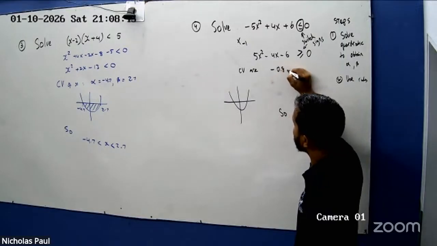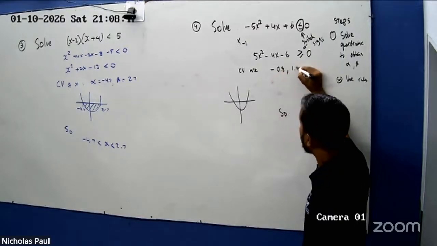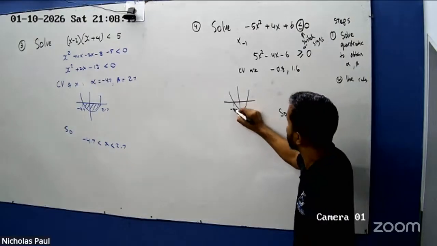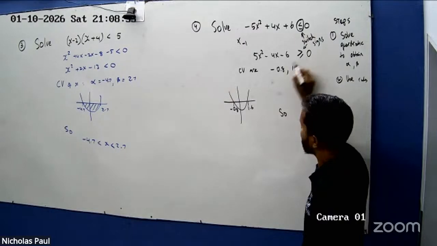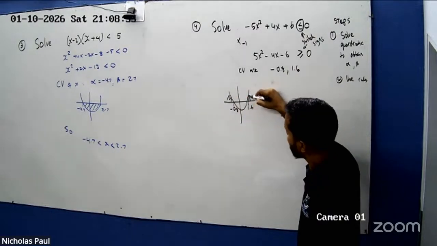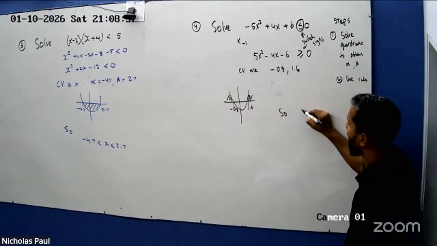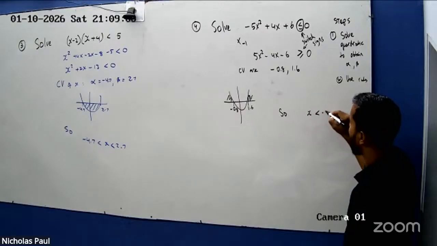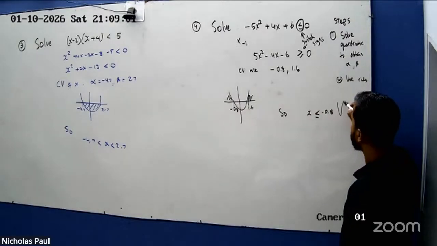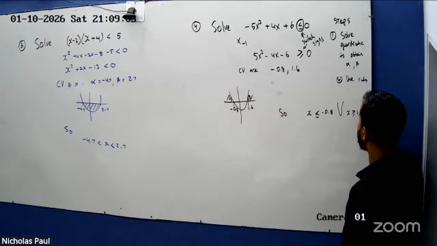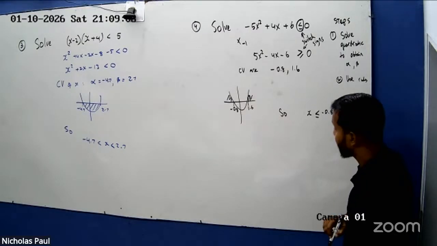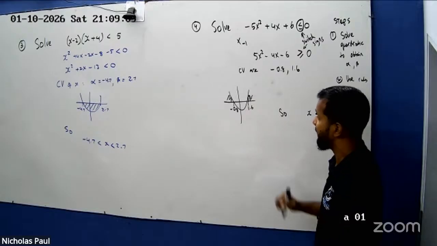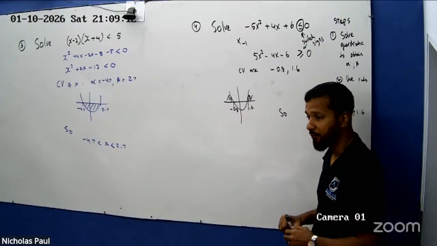Minus 0.8 and 1.6. So minus 0.8 here, 1.6 here. The question said more than, so I would like all the values less than minus 0.8 together with all the values more than 1.6. Are you okay with that? Nice. Just to make it a little bit more complicated.